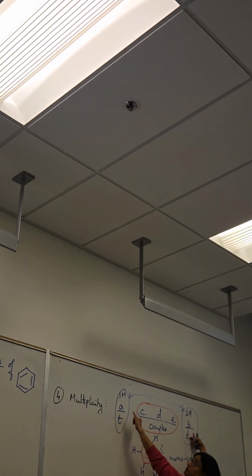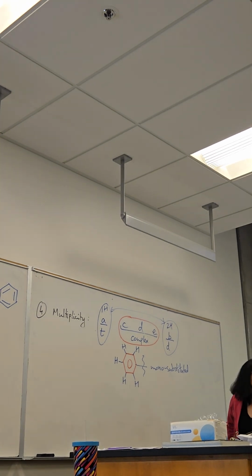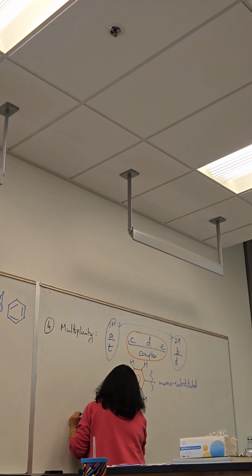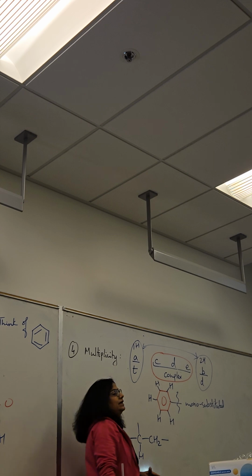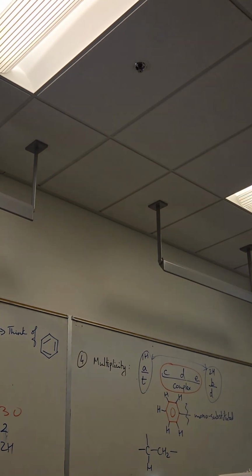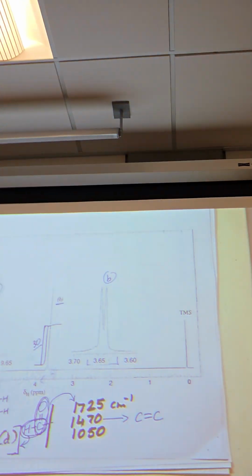This is a doublet because of the 1 hydrogen. Would that make sense? Everybody okay? So what else do I have? I have a CH connected to a CH2. Isn't that right? Okay. We all look good so far? What is so special about that chemical shift value?